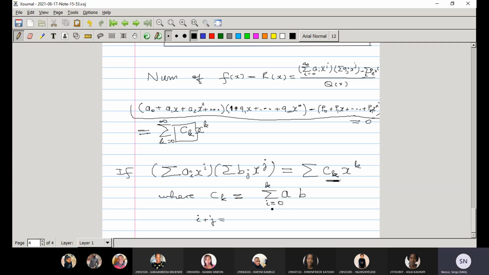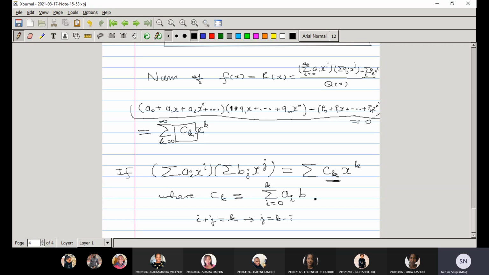So I'm summing on i. If I fix this to be i and this to be j, you can see that from this formula, j will be k minus i.